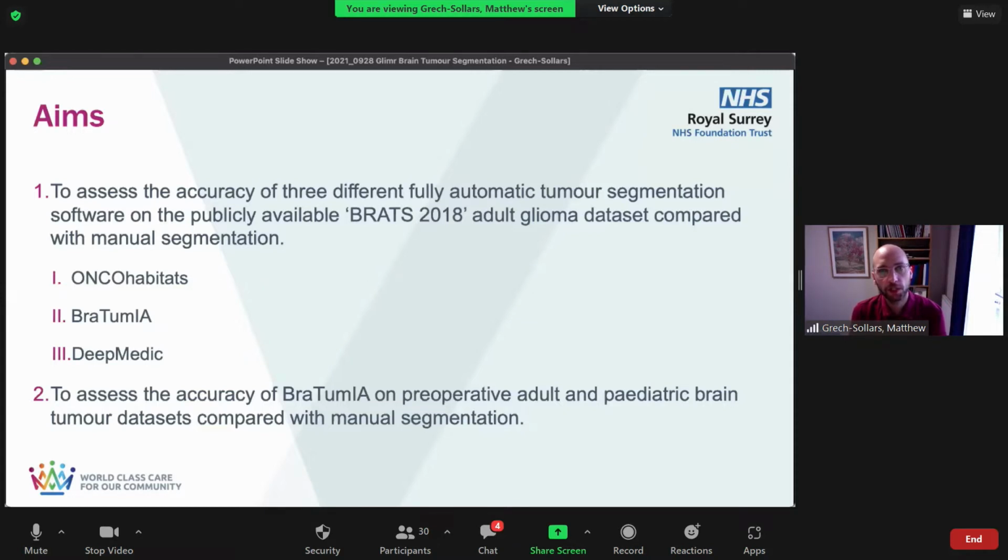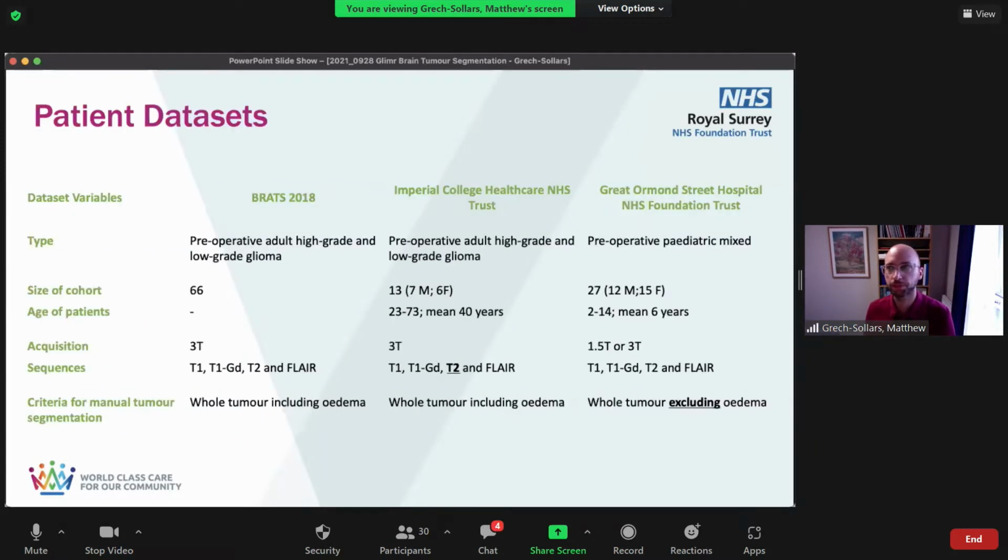Essentially, we took the BraTS dataset and tried to do the segmentation with these three software tools: OncoHabitats, Brainlab, and DeepMedic. Then we wanted to assess the software within the pediatric and adult cohort that I mentioned, and how it compares to the manual segmentation performed by a radiologist. I'll mention the reasons why we focus on Brainlab alone when I'm describing the software in a bit.